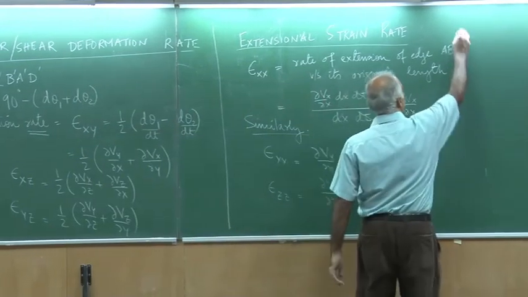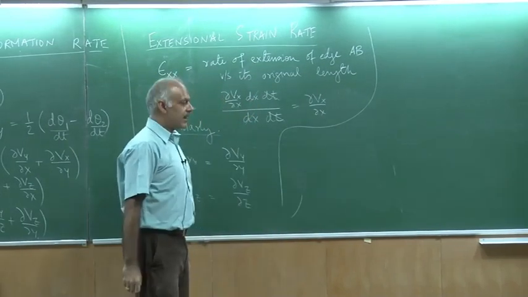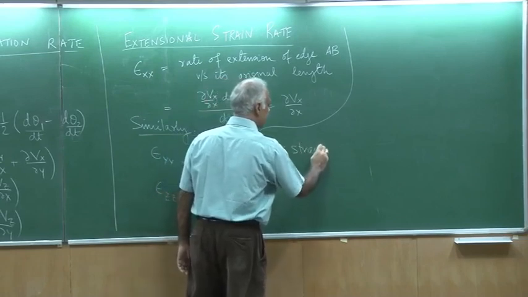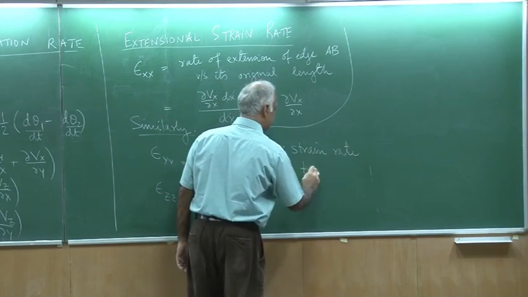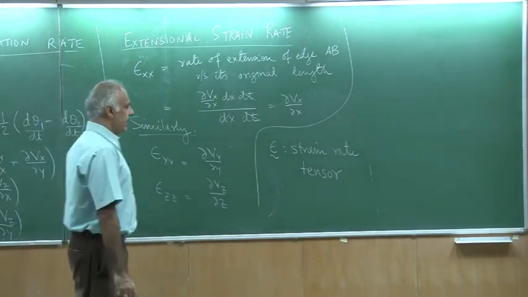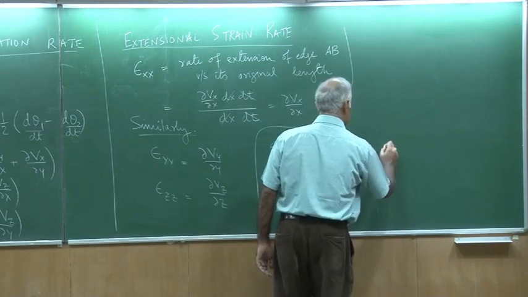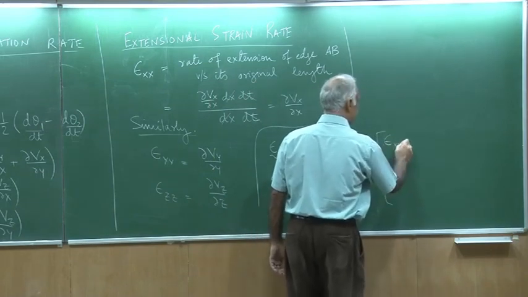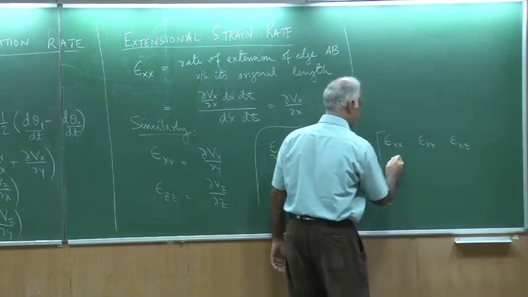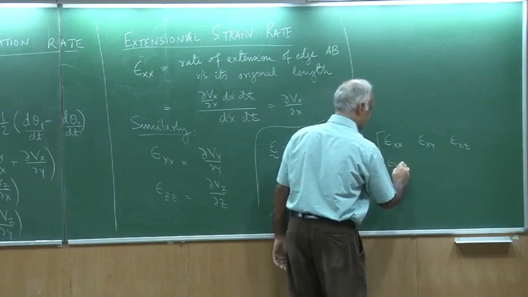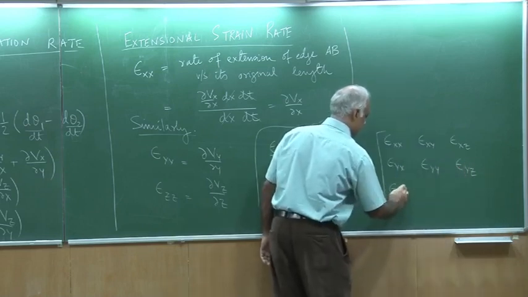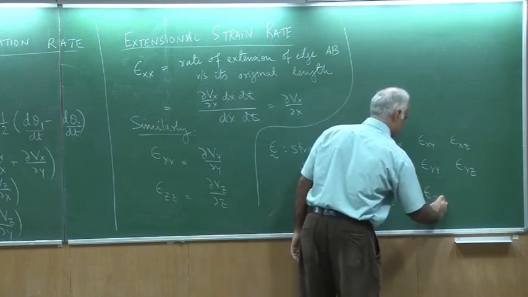So, now I can propose, just like I talked about the stress, I can actually now talk about E, the strain rate tensor, and this I could write as simply Exx, Exy, Exz, Eyx, Eyy, Eyz, Ezx, Ezy.